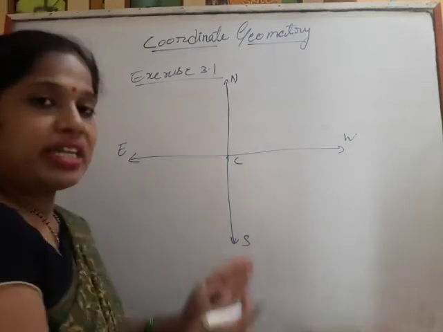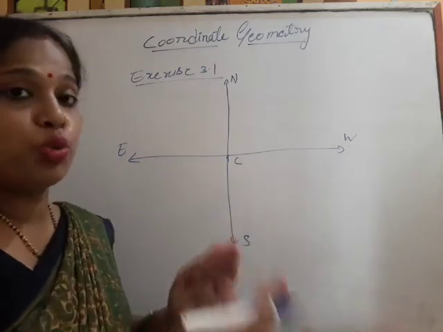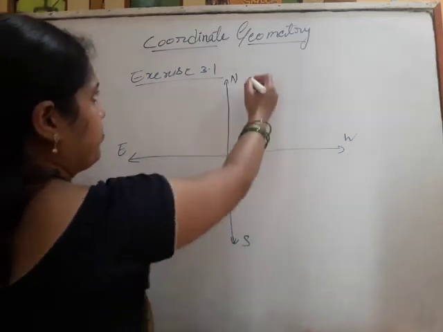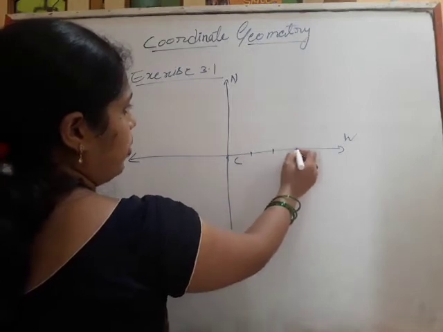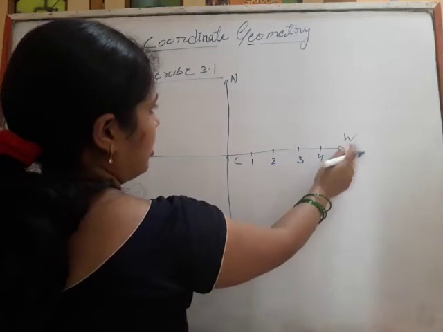The streets are 1 centimeter apart, since 1 centimeter equals 200 meters. Suppose this is 1 centimeter. 1, 2, 3, 4, 5 streets.